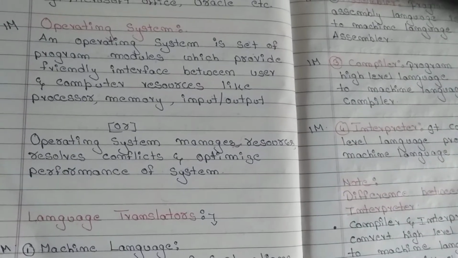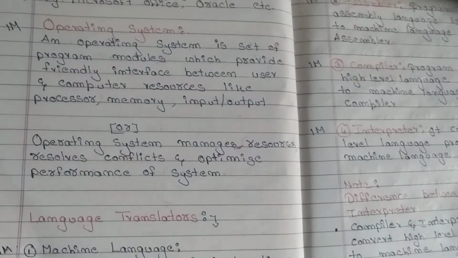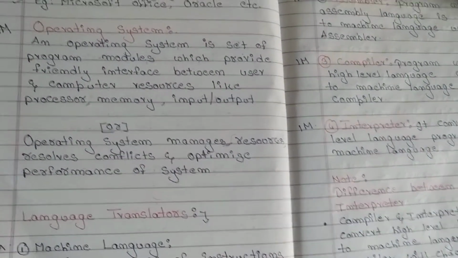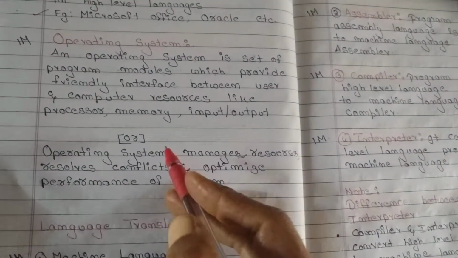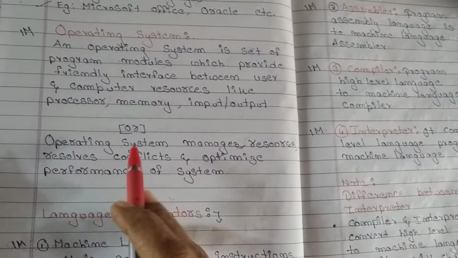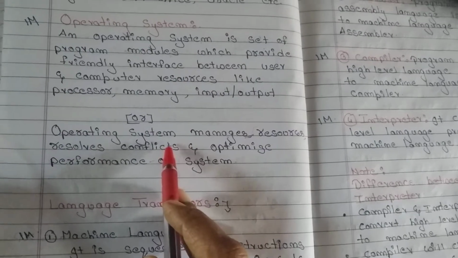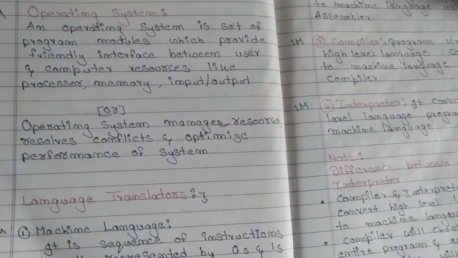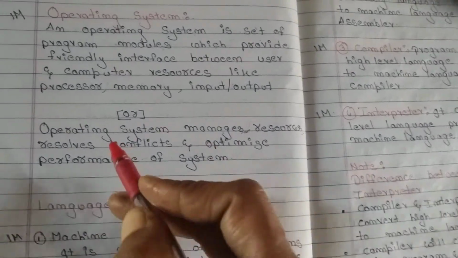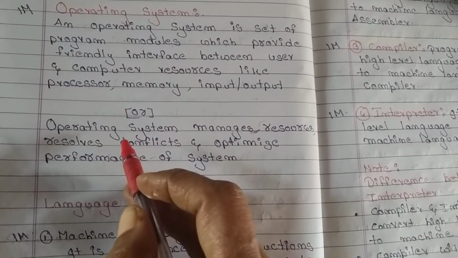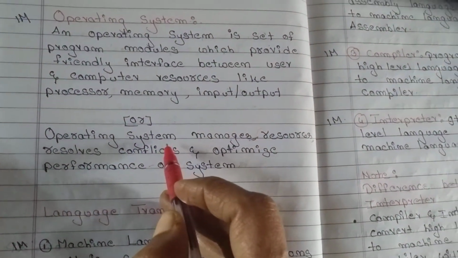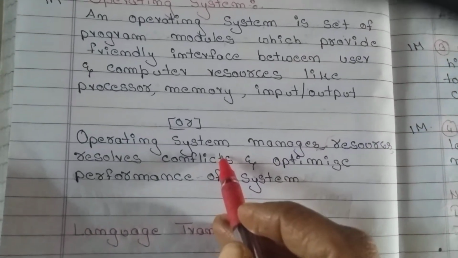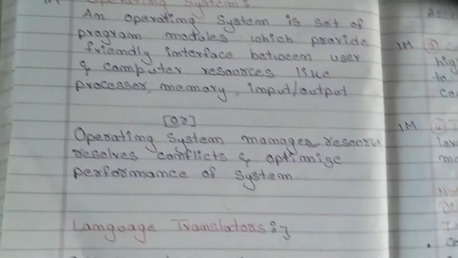Kalyani, you go and teach computer science. X, you teach business studies. Y, you teach accountancy. Like that, the work is distributed. That task is done by the operating system. Wherever people are there, conflicts will be there. Conflicts among the internal components of the computer are resolved with the help of the operating system.